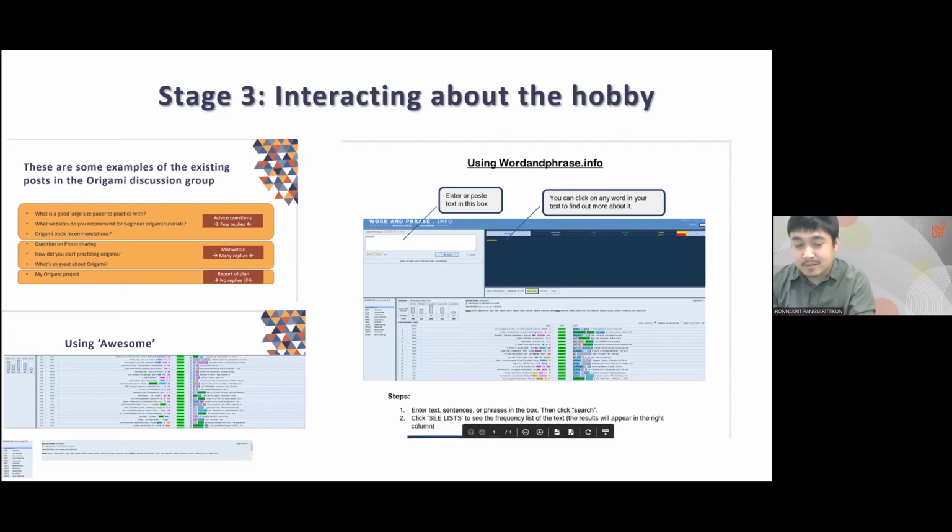The screenshot is pretty small, but awesome is usually followed by a full stop, so we conclude that awesome is usually used at the end of the sentence. Students found this website pretty useful. If you have a chance, maybe you can play around with wordandphrase.info and make use of it in your classroom. It's pretty fun.